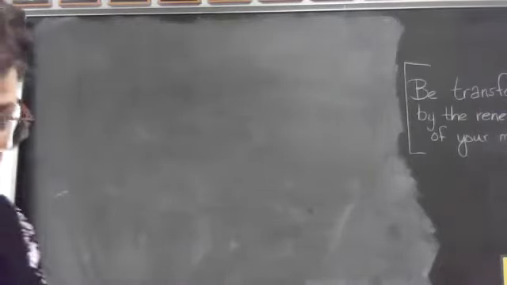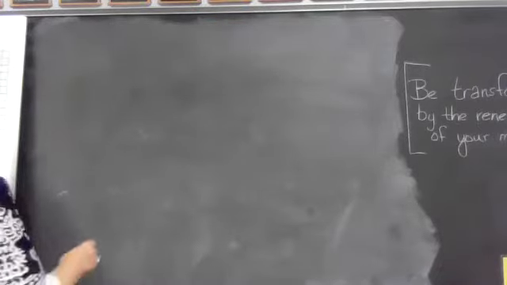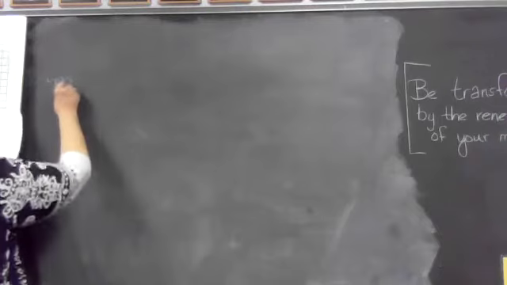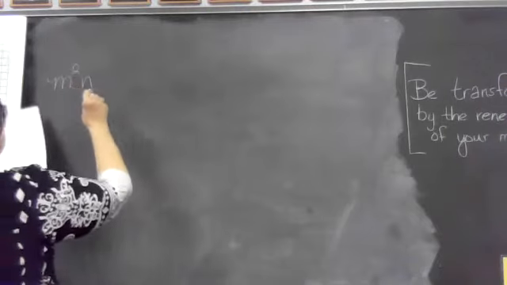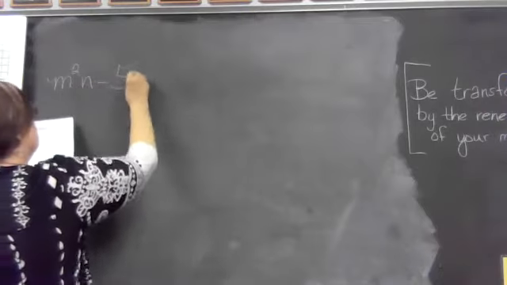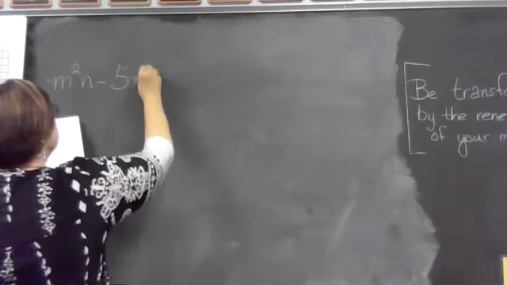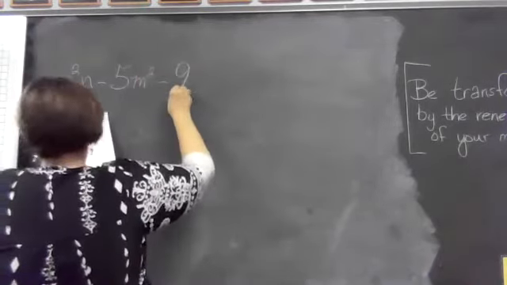So one more, we're going to do number 7 on this front page. And I picked this because if you look at it, you might get scared, but it is not any different than anything else we've done today.